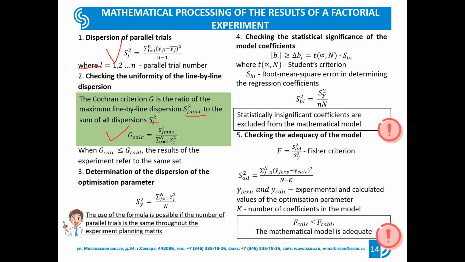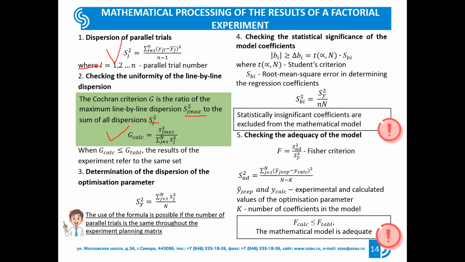Otherwise, when the calculated value of the Cochran criterion is larger than the tabulated value, the dispersions are not uniform, and hence the observed experimental results either characterize different test objects or the trials are not correct. In the third step, the dispersion of the optimization parameter or dispersion of the reproducibility of the experiment is determined.